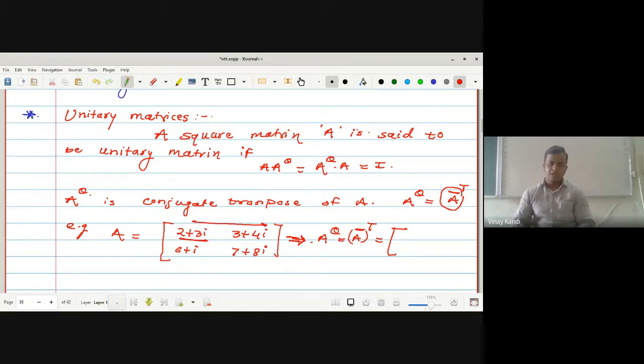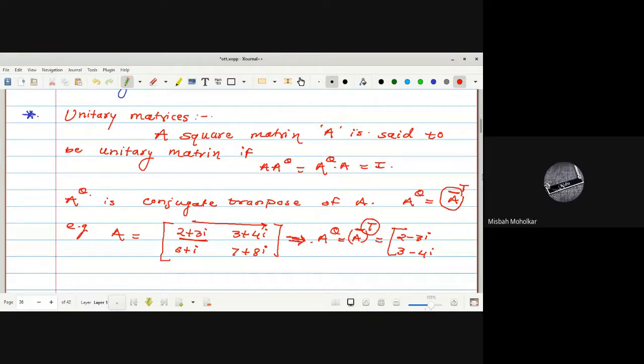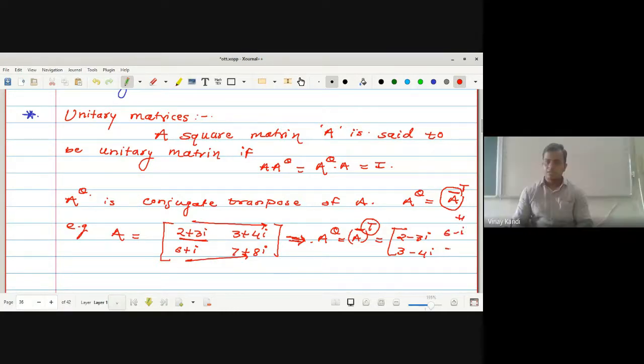After transposing, the first row becomes the first column. For 2 plus 3i, the first entry with its complex conjugate will be 2 minus 3i. For 3 plus 4i, it will be 3 minus 4i. Then 6 minus i, and 7 minus 8i, with the second row interchanged with the second column. And this matrix is nothing but A theta.